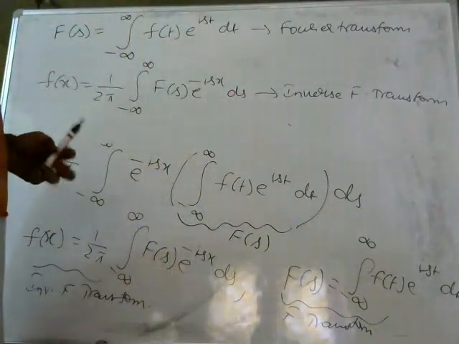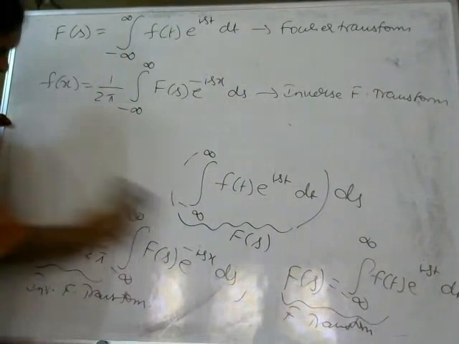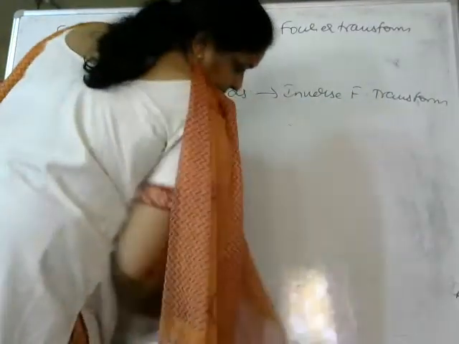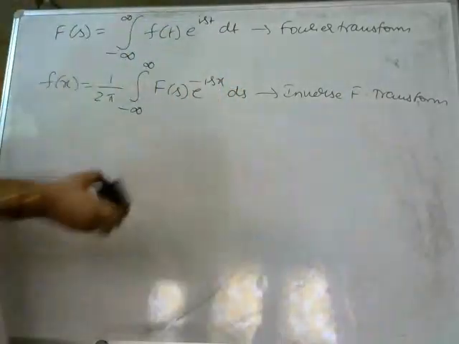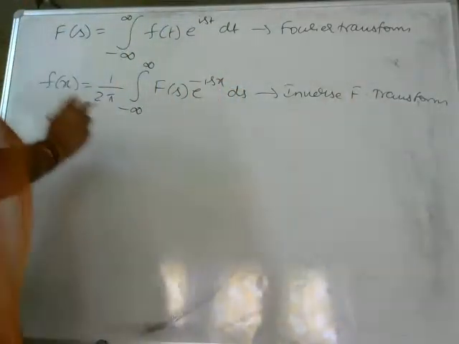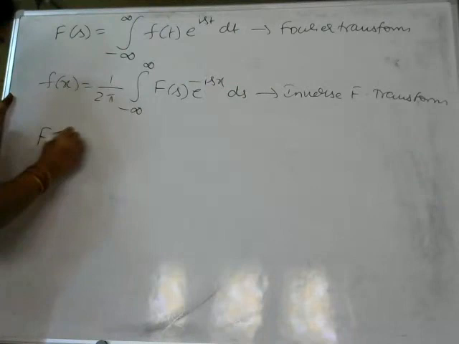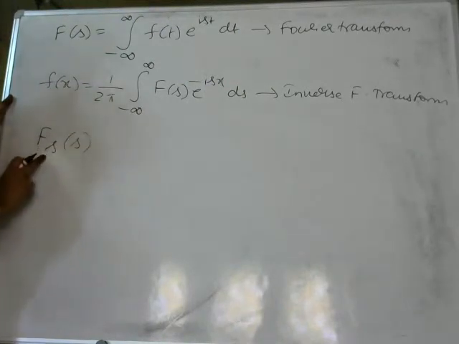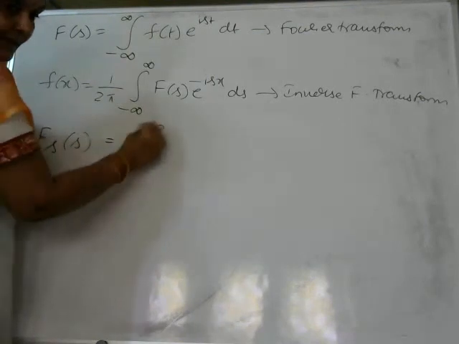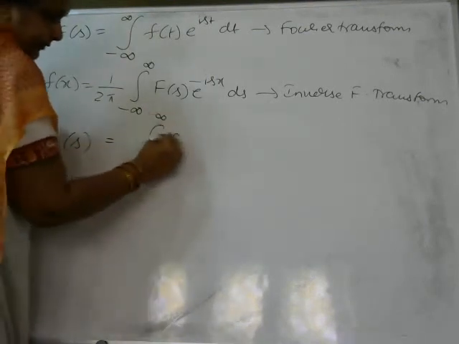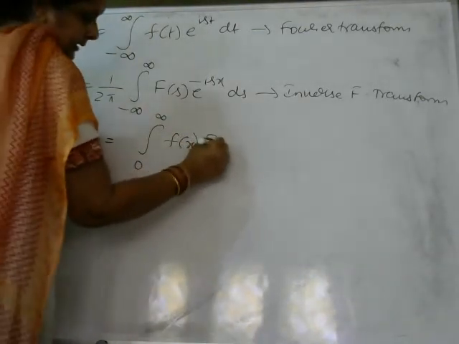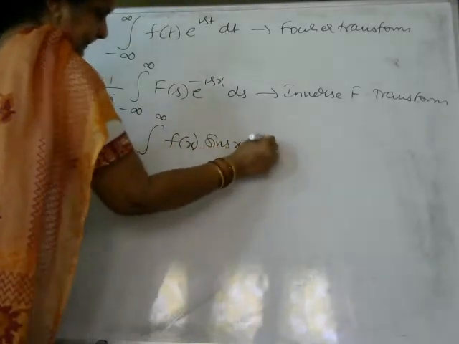Actually, we have reduced this from the complex form of Fourier integral. Similarly, if you take the Fourier sine integral, we get the Fourier sine transform. If you reduce from the Fourier cosine integral, we get the Fourier cosine transform. We'll see those also. If you want to calculate the Fourier sine transform, see the suffix I am writing in the form of s. Fs of s can be written as integral 0 to infinity f of x sine sx dx.